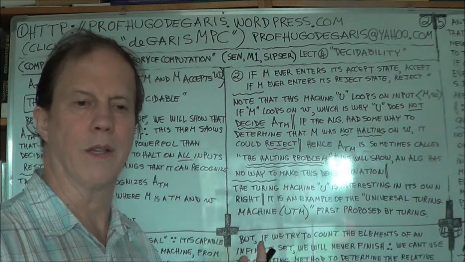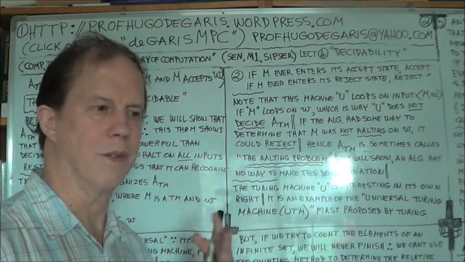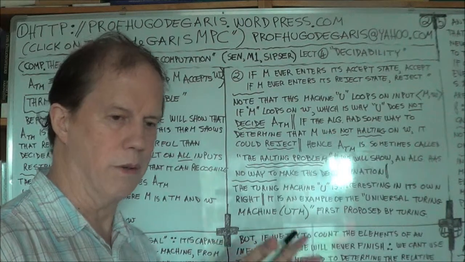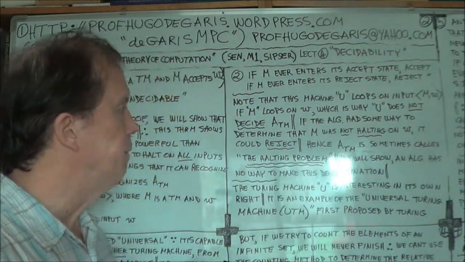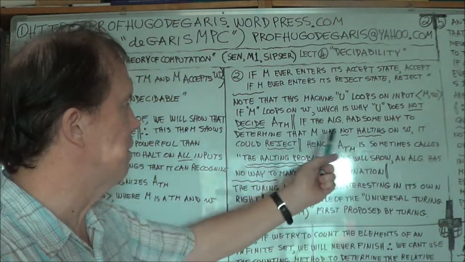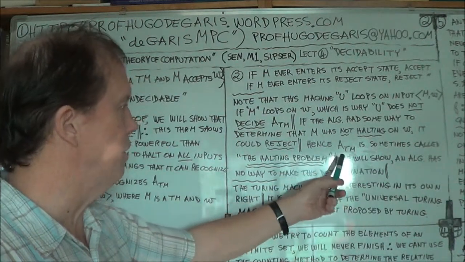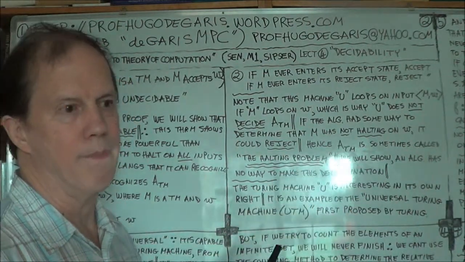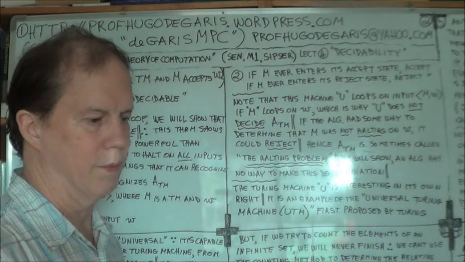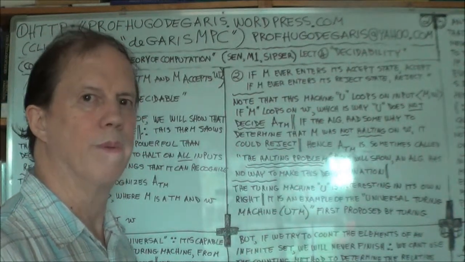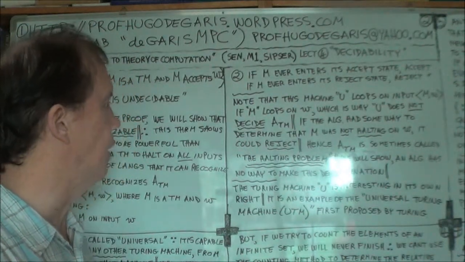Because looping is not accepting. If you're looping, you're not accepting. But well, there's no way that you can know that M will loop. There's just no way of doing that.